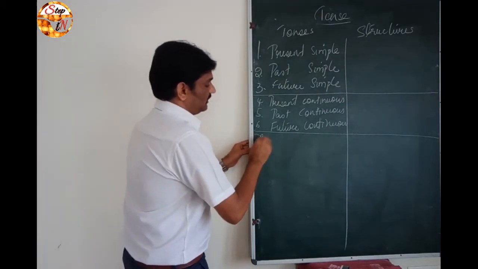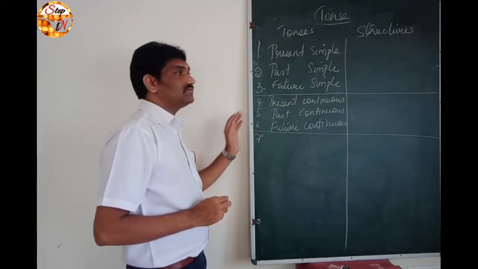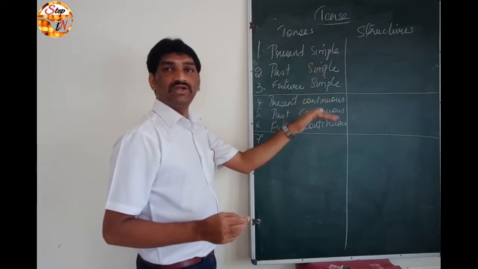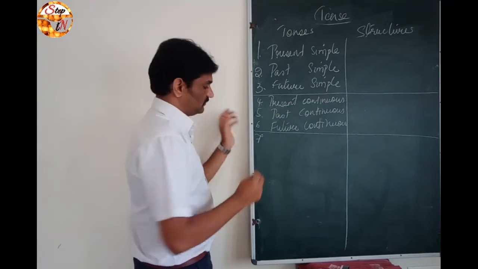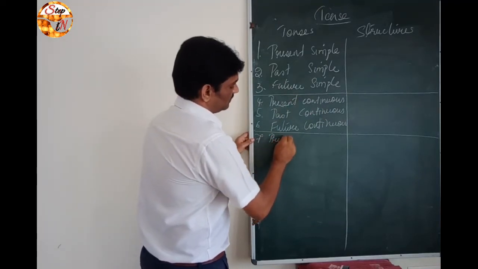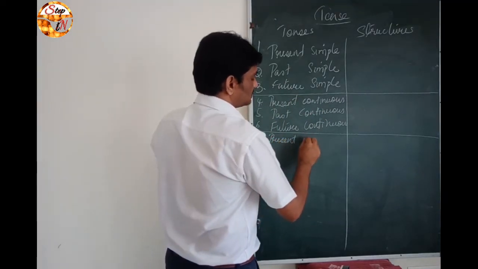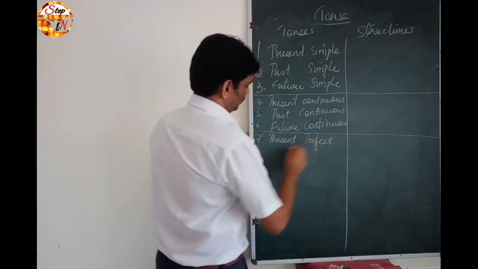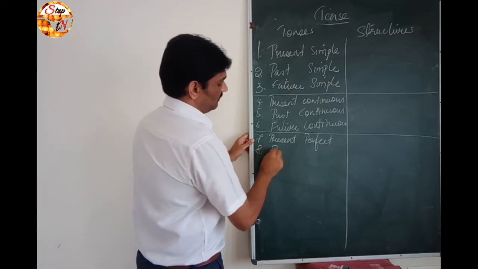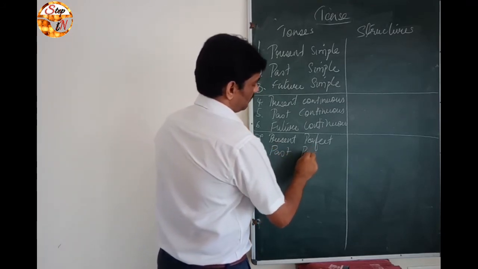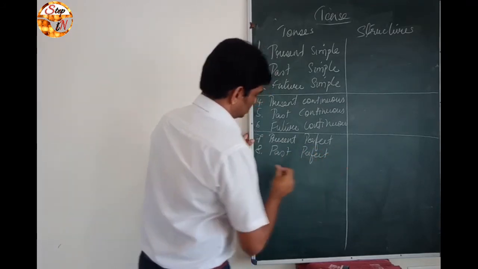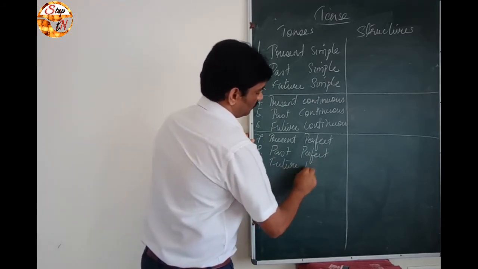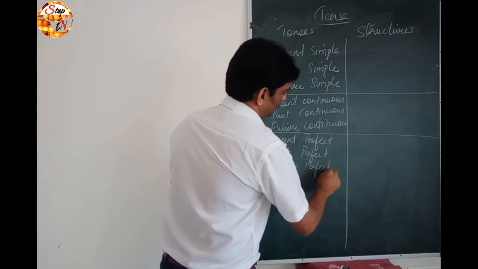The seventh one will be the next aspect. Already we have seen simple. Next to simple we have continuous, and next to continuous we have, of course, perfect. So again, beginning with present perfect, and the eighth will be past perfect, and the ninth tense will be future perfect.